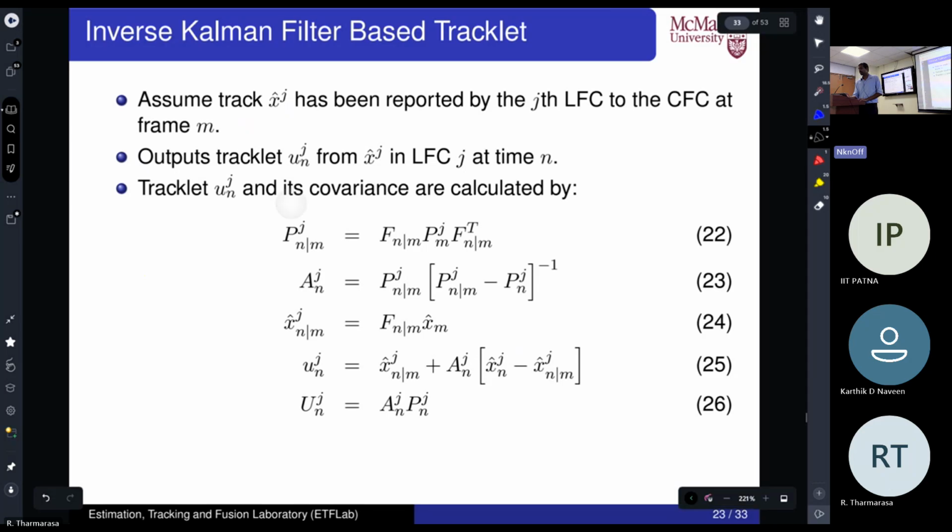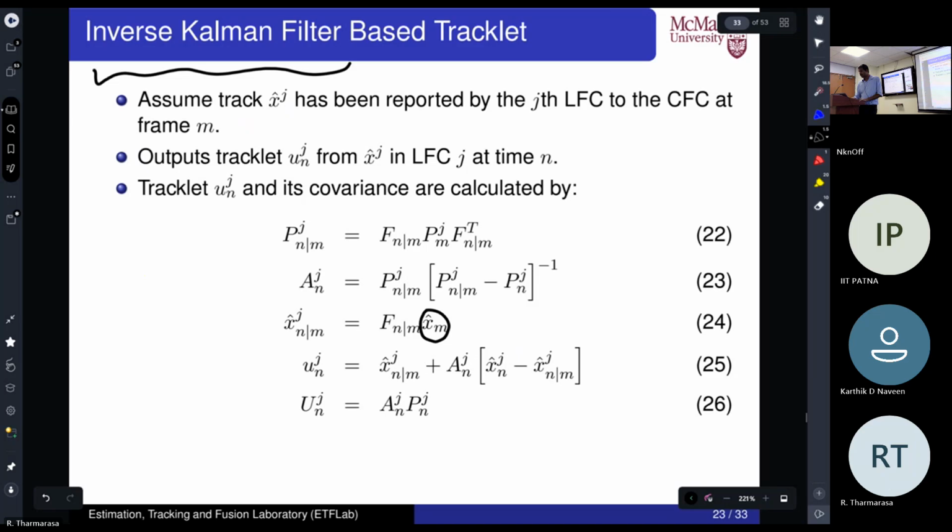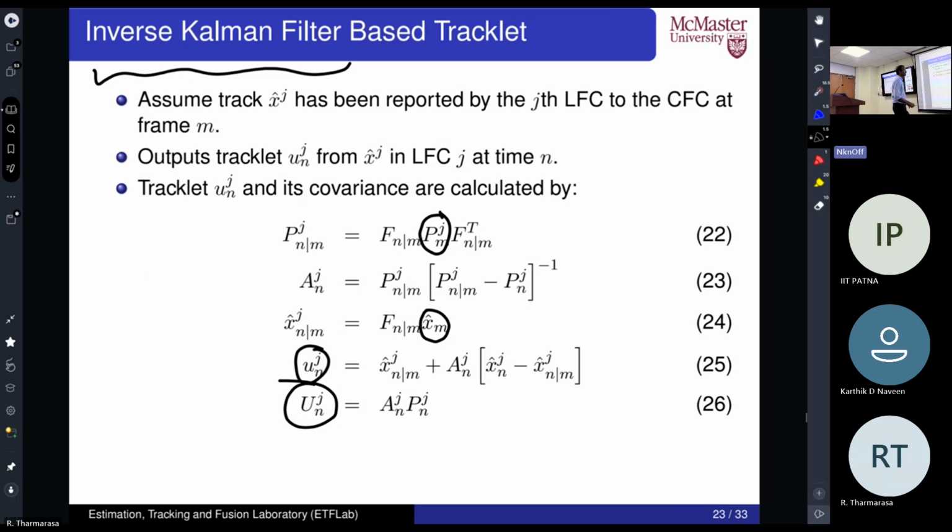This is called the inverse Kalman-based tracklet, in which the input is this, and this. So now you are going to convert into a tracklet. These are the facts. From that you calculate the tracklet. Then you send this to the fusion node, and they will use it.